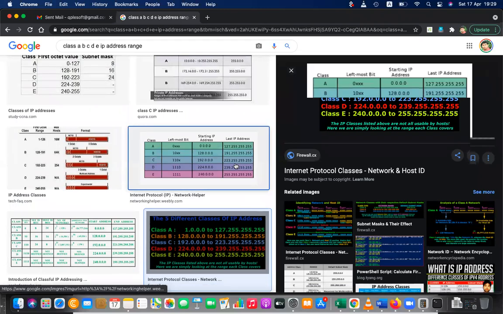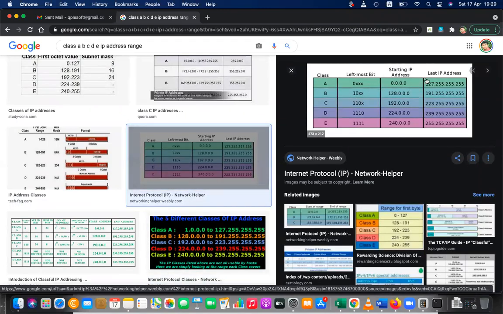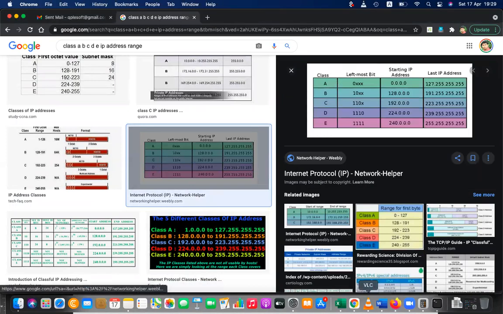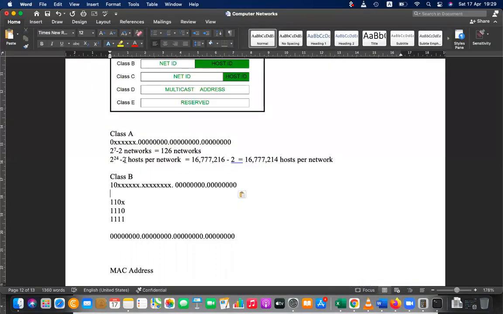So that's why I said if you're using this, you have to use a valid starting IP. The valid starting IP is 1.0.0.0, and the end value will be 127.255.255.255. So let's add that as well for this one.